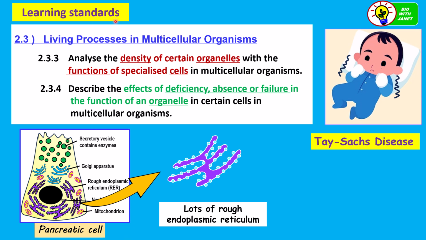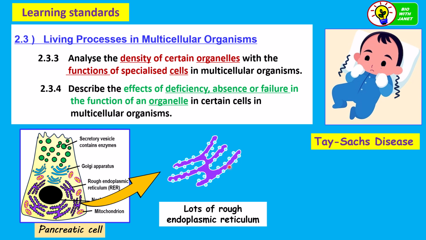The learning standards are as follows. 2.3 Living processes in multicellular organisms. Firstly, we should be able to analyze the density of certain organelles and relate it to the functions of specialized cells in multicellular organisms. For example, cells in the pancreas, or pancreatic cells.